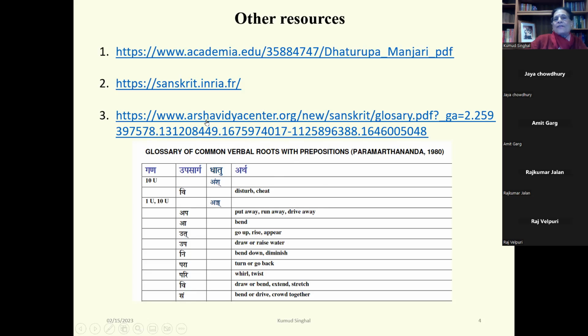So this is a very, very important document. Let's say you take a dhatu ansh, or anch. Here only the upsarga vi is used, but for anch, you have all the possible upsargas, and then you have the meaning. It's a very nice document.